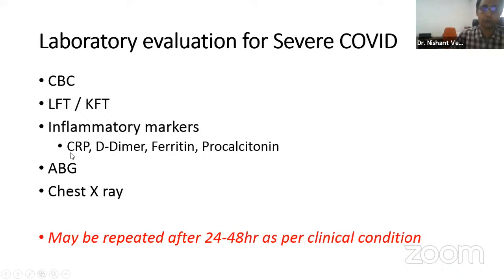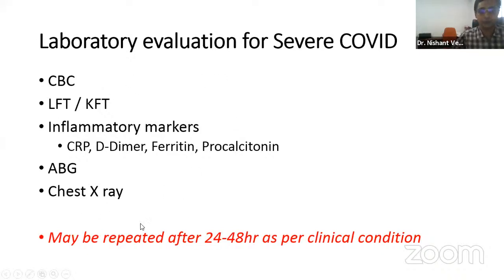You should have access to CRP levels, D-dimer levels, ferritin and procalcitonin, arterial blood gas, extremely important to identify PO2, PaO2, bicarbonate, and pH. So ABG must be there if you are going to manage a child with ARDS in your ICU, and access to a bedside chest X-ray.